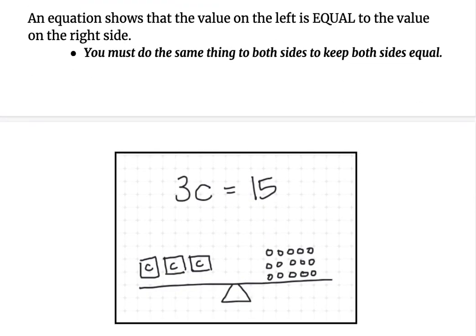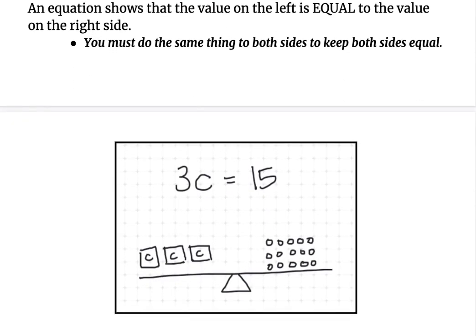All right, so here's an example of a one-step multiplication or division equation. 3c is equal to 15. So I've drawn a little scale, 3c on one side, so it means 3 boxes labeled c. Again, variables, we have no idea what they equal, but 3 times c, meaning there's 3 times that I see this box c.